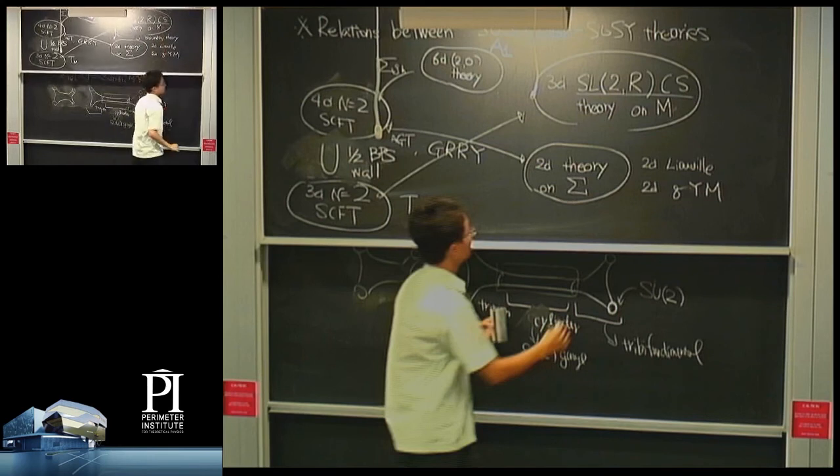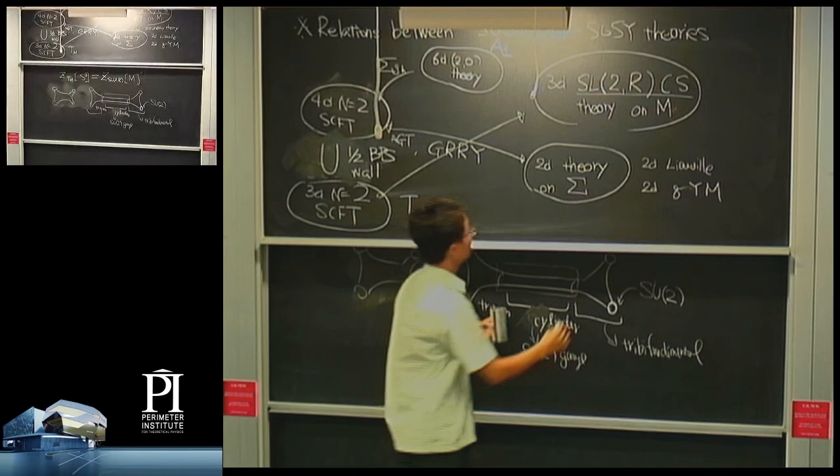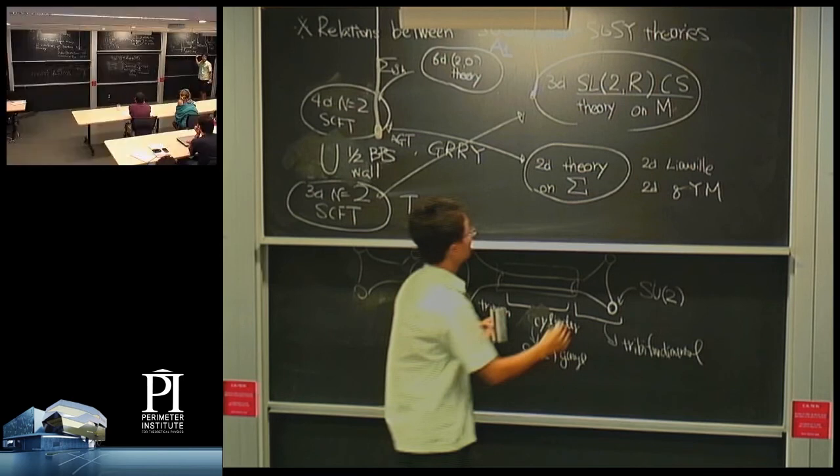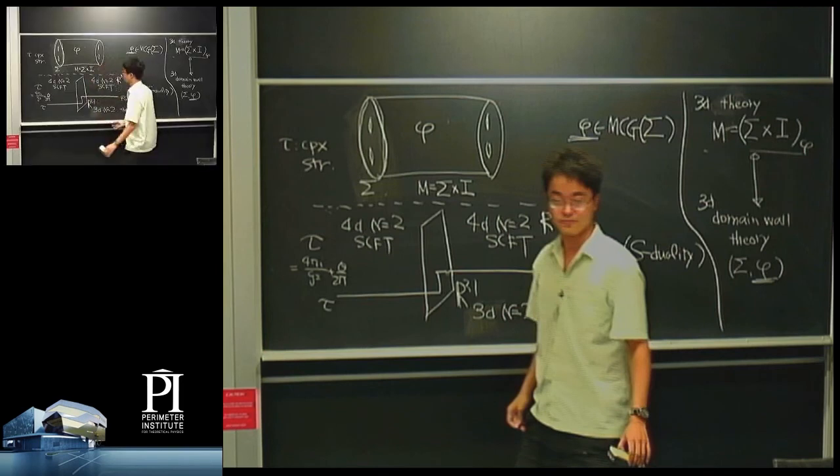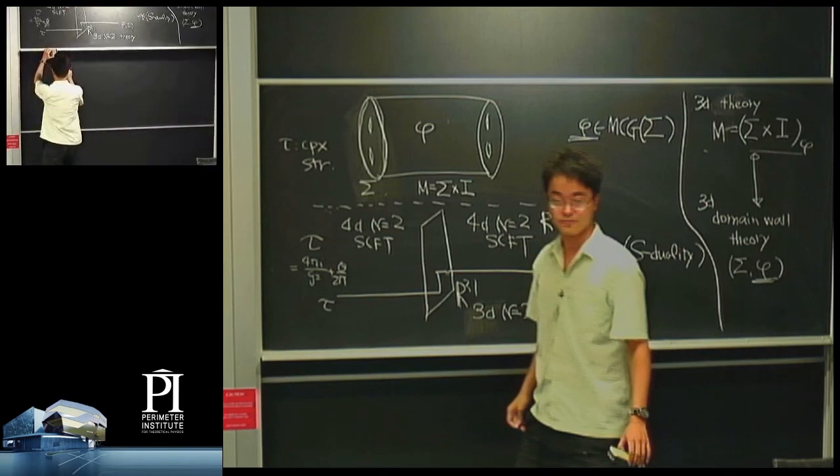So what does it mean? Well, first of all, again we start from this AGT-type correspondence. What the AGT-type story tells us is what kind of theory lives on the Riemann surface. And so I said that there's a Riemann surface times an interval, but there's going to be a dual theory.